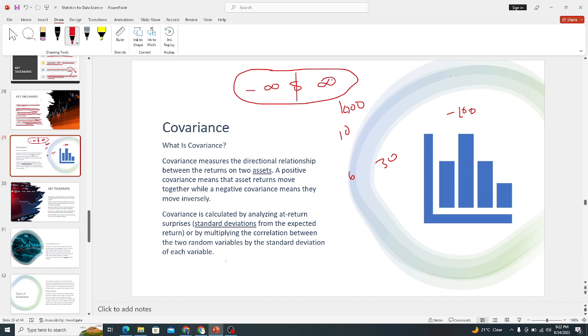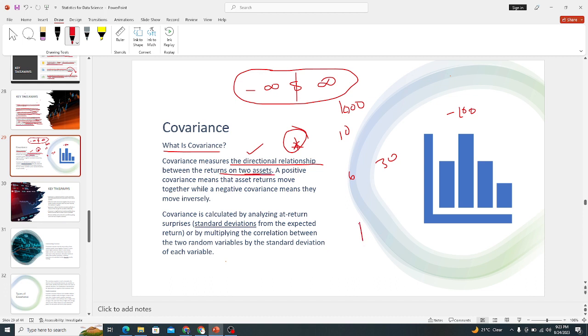Then, what is covariance? Covariance measures the directional relationship. Remember, in my definition, I said covariance shows us more of a relationship. So that's why we are saying covariance measures the directional relationship between the returns of two assets.